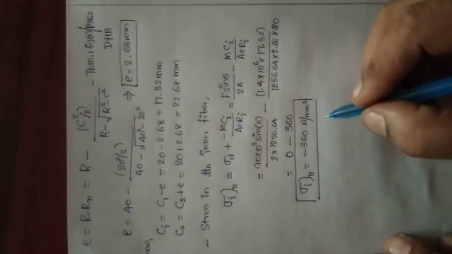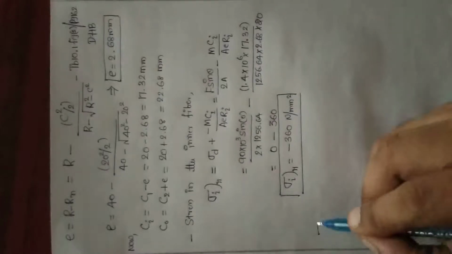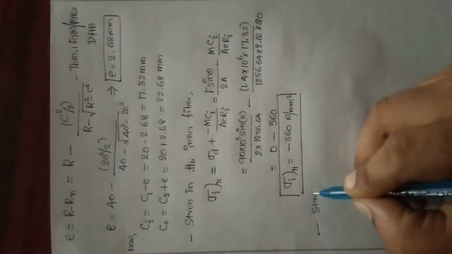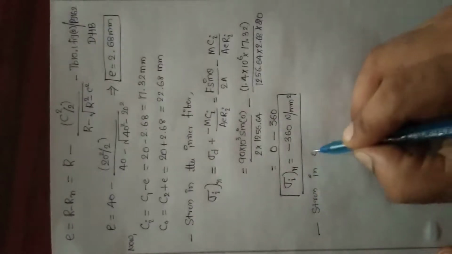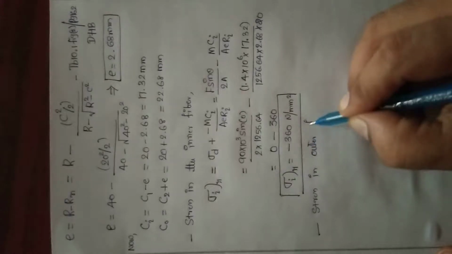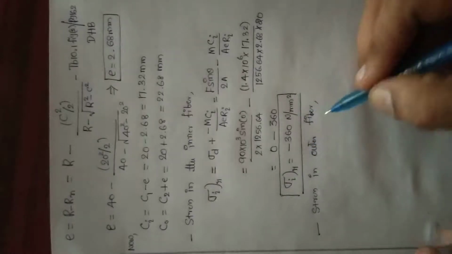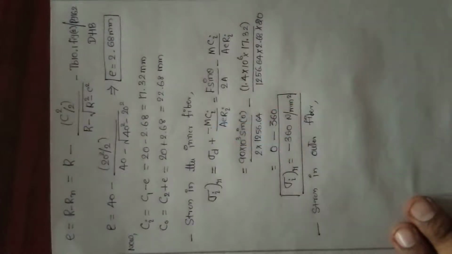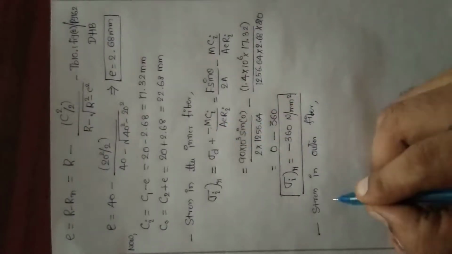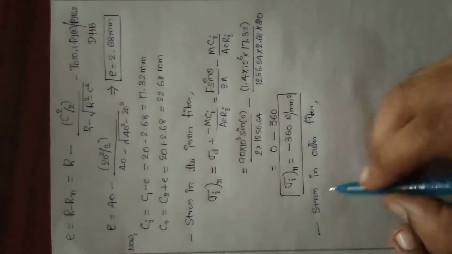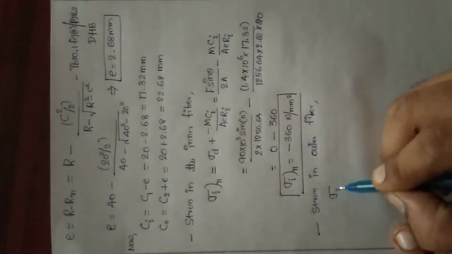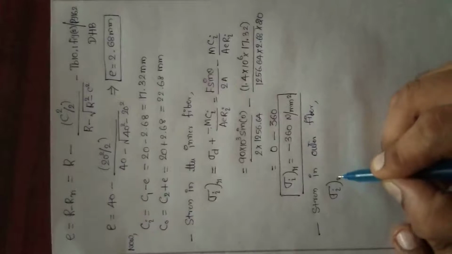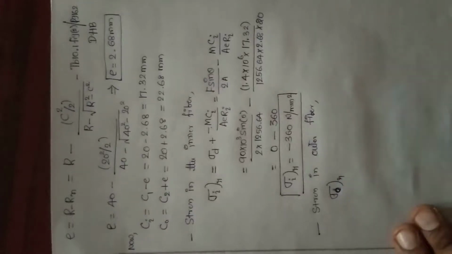Fine. Same thing when the stresses are in the outer fiber. When stresses are in the outer fiber, it is in tension, so this becomes positive. So now the direct resultant stress, sigma naught R, it is the outer fiber, am I right?